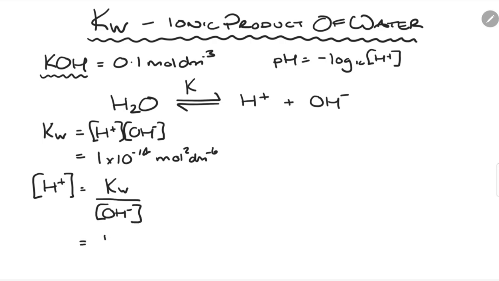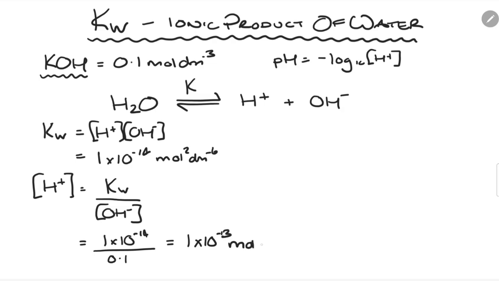And if we know that Kw at 298 Kelvin is 1 times 10 to the minus 14, and we know that our potassium hydroxide, being a strong base, will completely dissociate to give 0.1 moles per litre of hydroxide ions, that allows us to evaluate that the H plus ion concentration is equal to 1 times 10 to the minus 13.